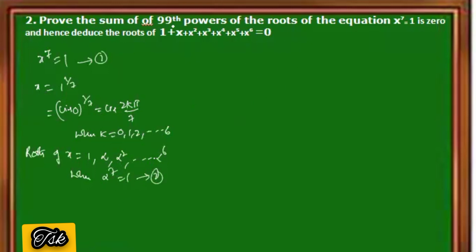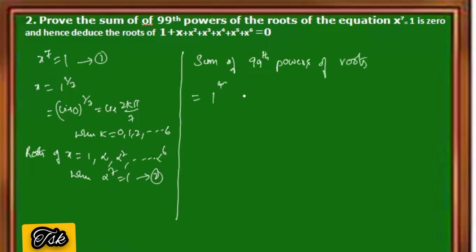We have to prove that the sum of 99th powers of the roots of this equation is 0. Since the roots are these, the sum of 99th powers of roots is equal to 1 power 99, alpha power 99, alpha square whole to the power of 99, and so on, alpha power 6 whole to the power of 99.